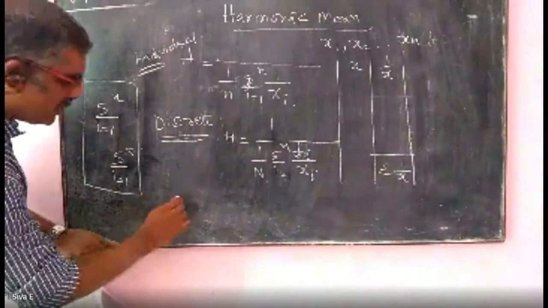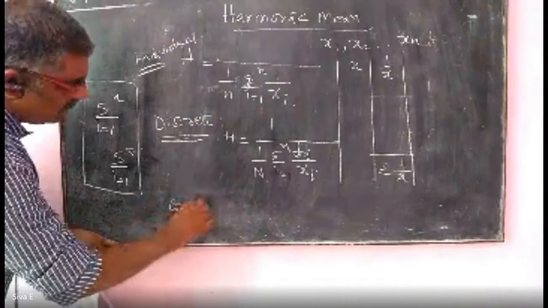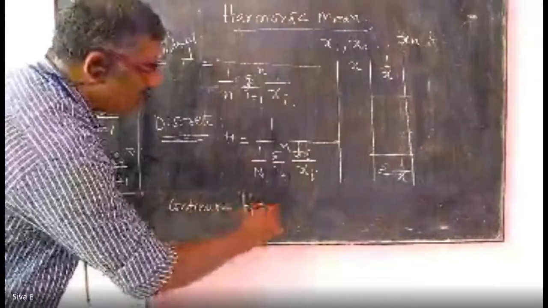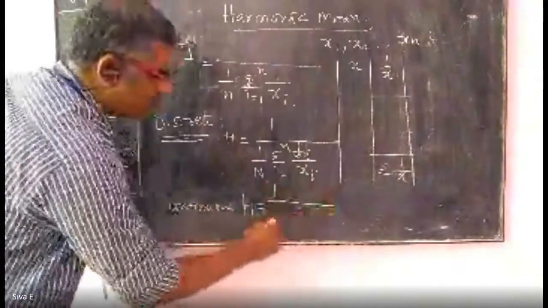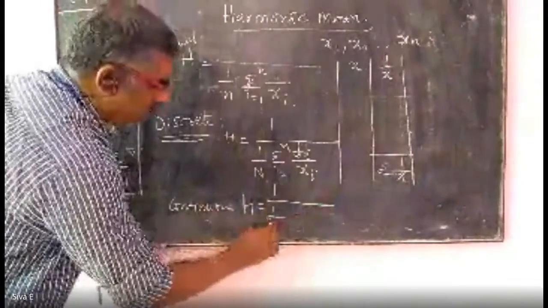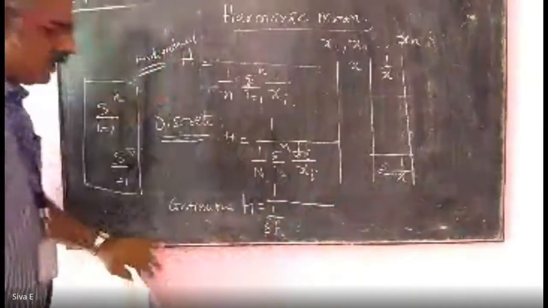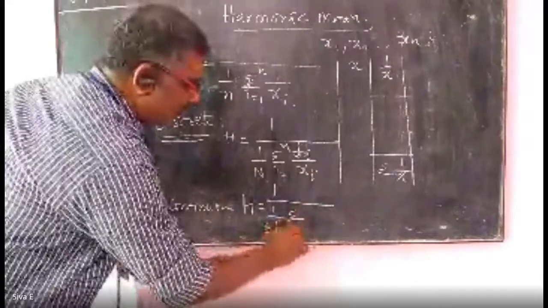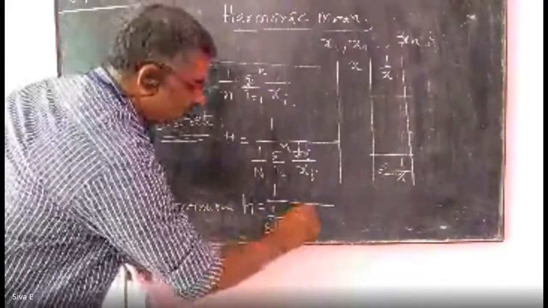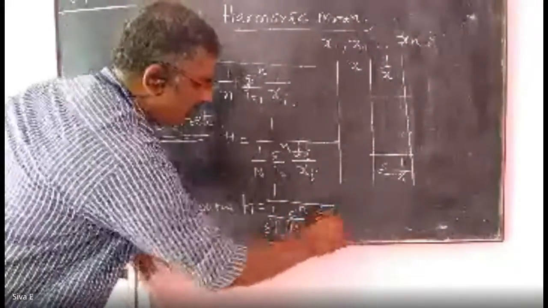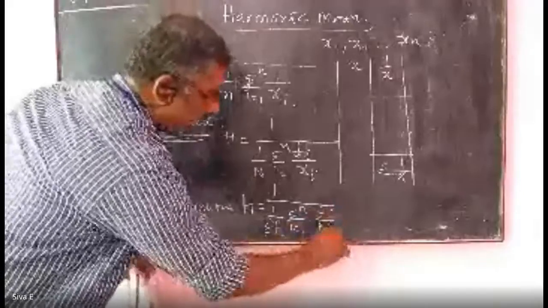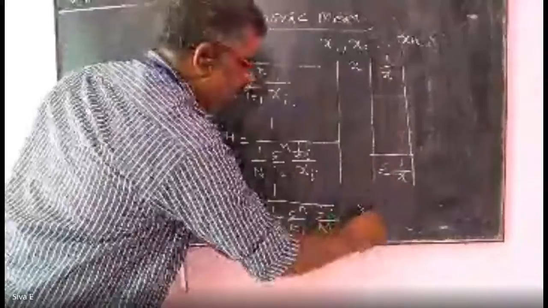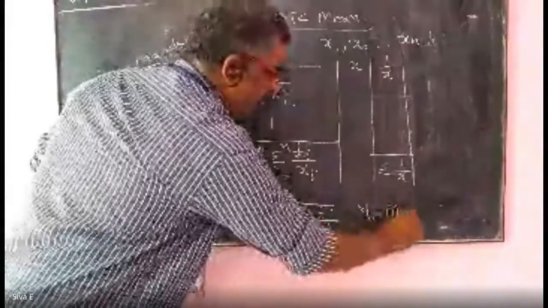In the continuous case it is a simple change. For the continuous case, you can write H equal to 1 by summation of i equal to 1 to n, fi by mi, where mi is the mid value of the data.